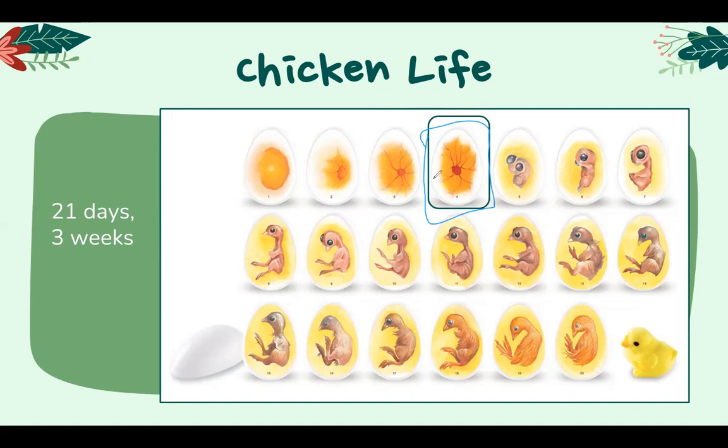So we are on day 4, and you can already tell that a lot has changed. We've got things right here, it looks like little spider webs, right? Well, those aren't spider webs, those are actually blood vessels. And what's happening is that this little bit right here, and we'll talk a little bit more about what that part of the egg is, is growing and turning into the actual baby chick.